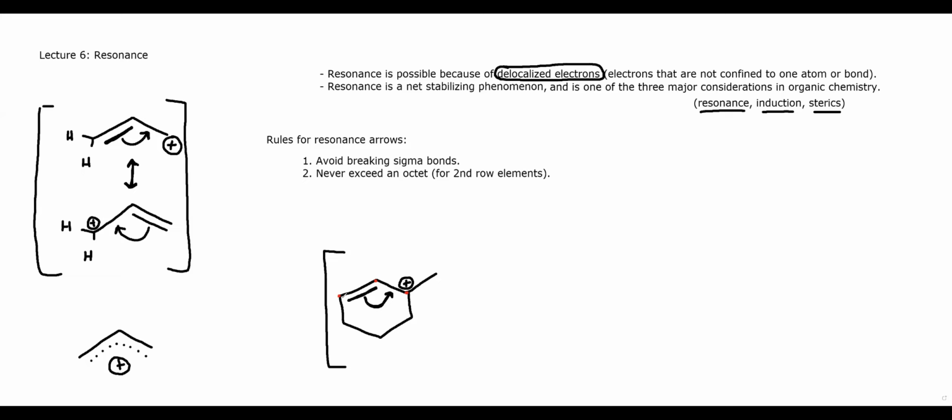This pi bond could be drawn between the first and second carbons here, or we could move it between the second and third carbons, which would give us a double bond in this position. If we pulled 2 electrons away from this first carbon, that means it is now positive because it is missing 2 electrons. So the carbocation essentially can shift over to this other carbon here.